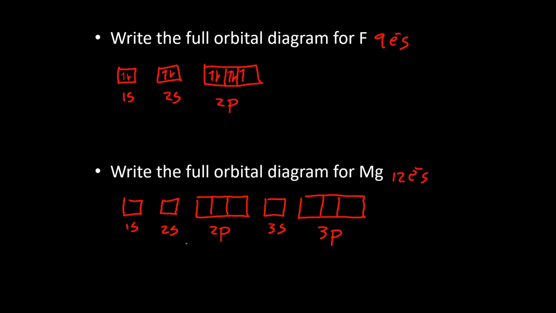We might not even use that 3p. We have 12 electrons to give. 1, 2, 3, 4, 5, 6, 7, 8, 9, 10, 11, 12. So we did not, in fact, use that 3p, which again is perfectly fine. So that is the orbital diagram for magnesium.